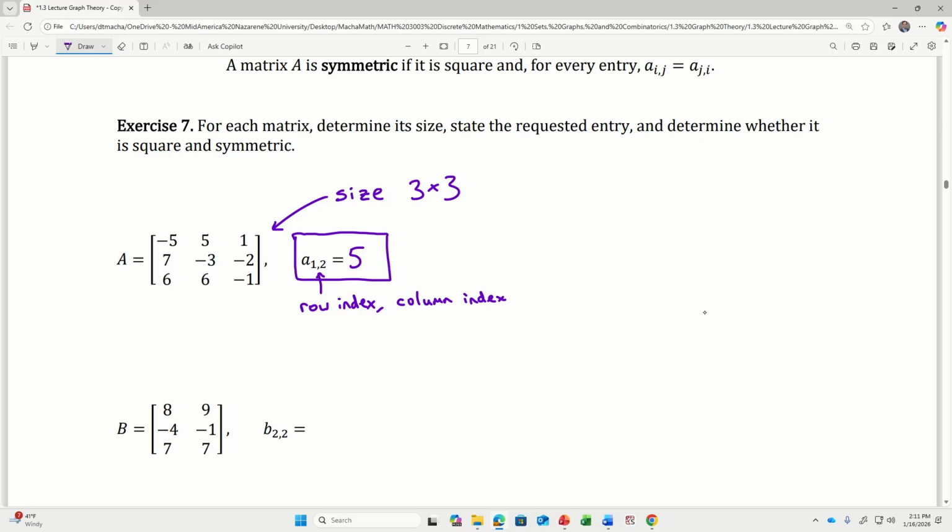And determine whether it's square and symmetric. It is square. Is it symmetric? It is not symmetric. If it were symmetric, we would see this be a 5 and this be a 5, and that would be a 1 and that would be a 1, and this would be a -2 and that would be a -2. All the entries would be a reflection across that diagonal that goes from top left to bottom right.